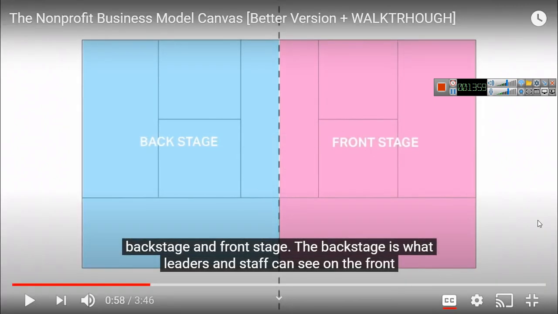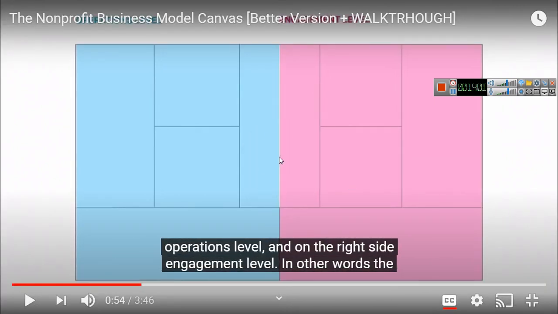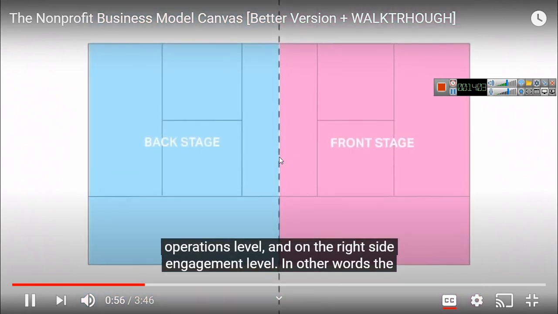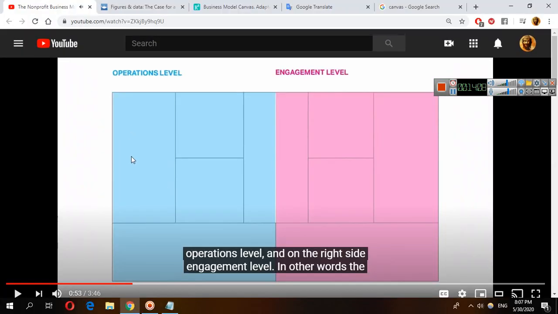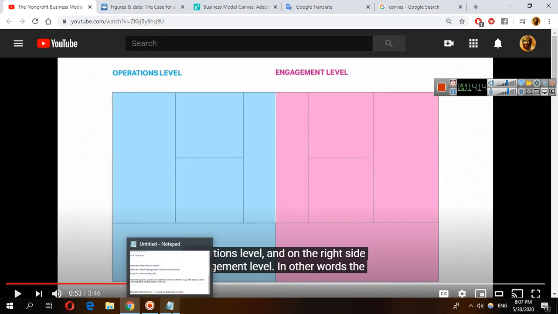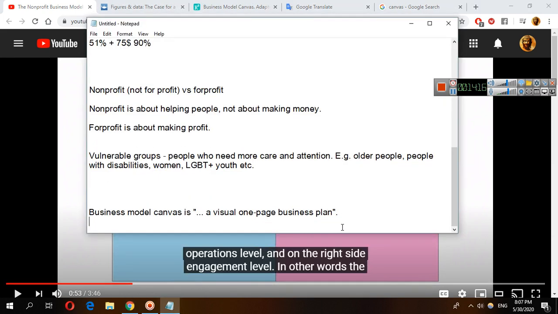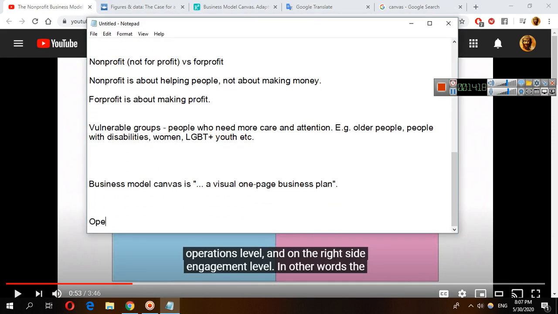So again, we have 2 words in here. Operations and engagement. Let's have them.